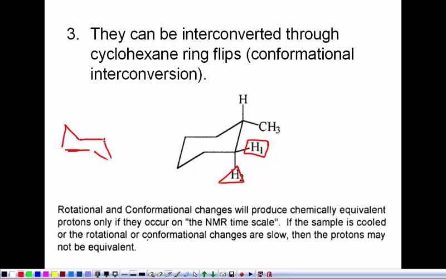So for conformational issues, we're going to say that a chair cyclohexane gives you the same one. Okay? So those are three things that we can look at to decide whether two hydrogens are equivalent. And those aren't necessarily the easiest things to do.